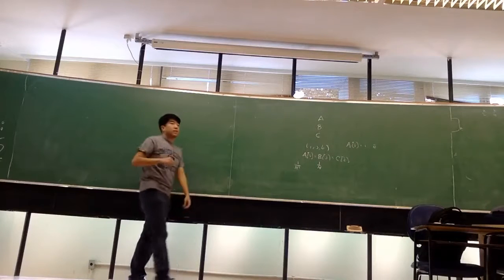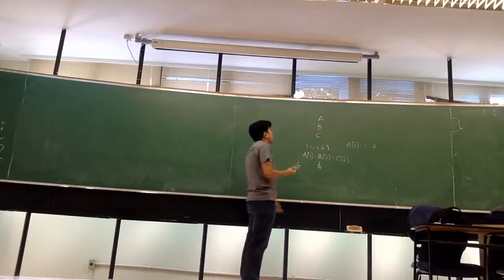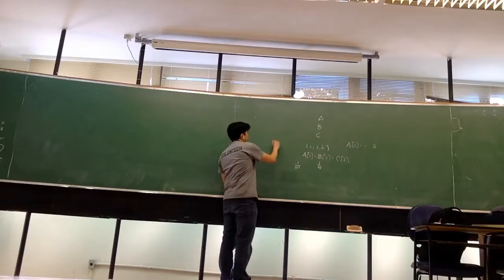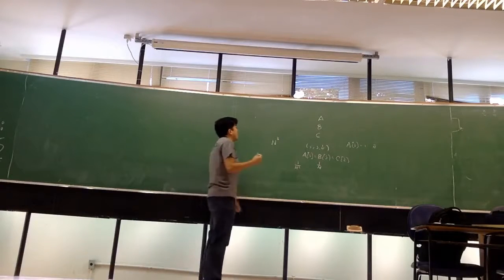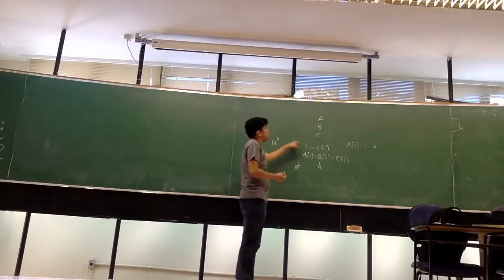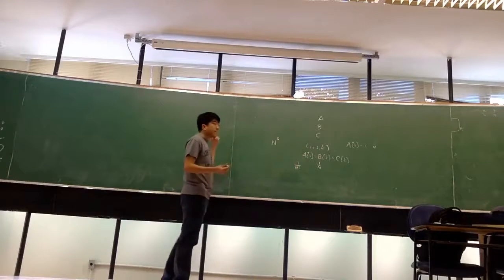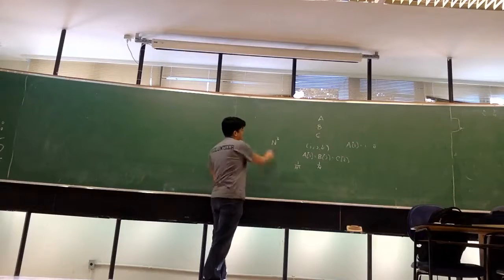Right? But how many different triples are there? There are n cubed, right? So what is the expected number of such triples in total? This is the product.